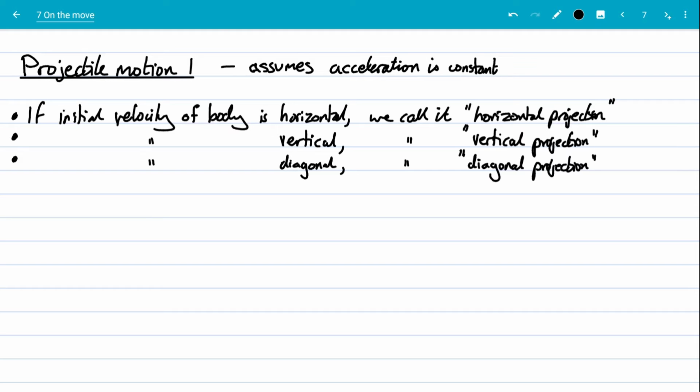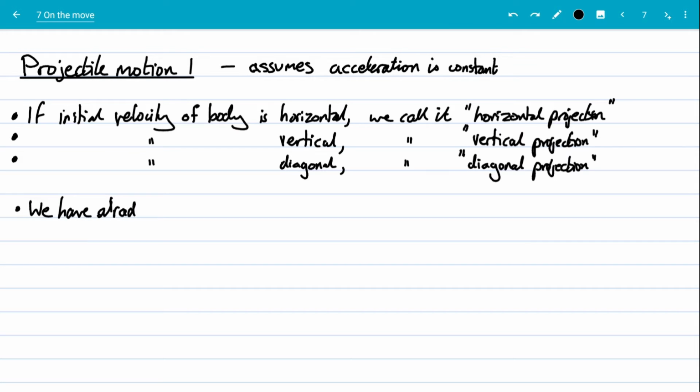If we are projecting horizontally or diagonally, then the acceleration is only going to be acting in one of those directions. So let's keep it simple. Let's imagine that the acceleration is due to gravity, which is down. Any vertical projection is just what we've already looked at.